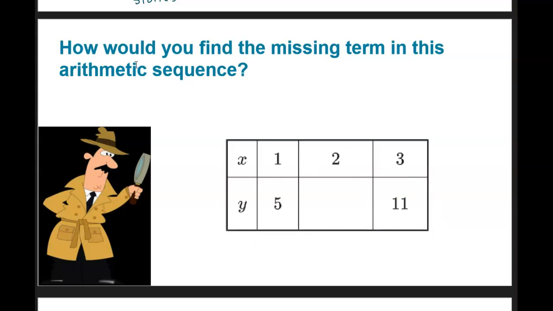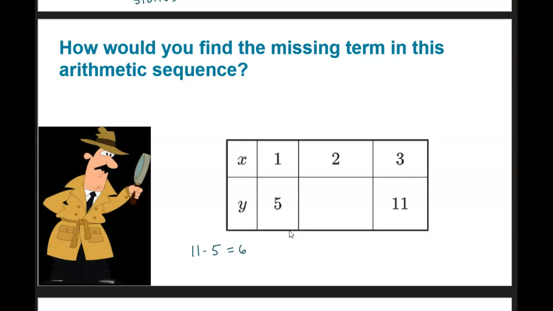One of the things we can do is look at the difference between these two numbers and then divide it by the number of steps to get there. So let's look at that. If I take the difference, which would just be 1 minus the other, so 11 minus 5 equals 6, that's our difference.